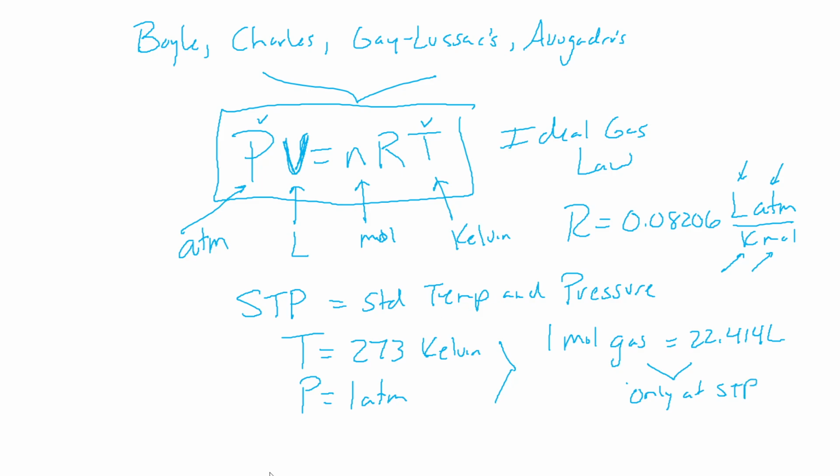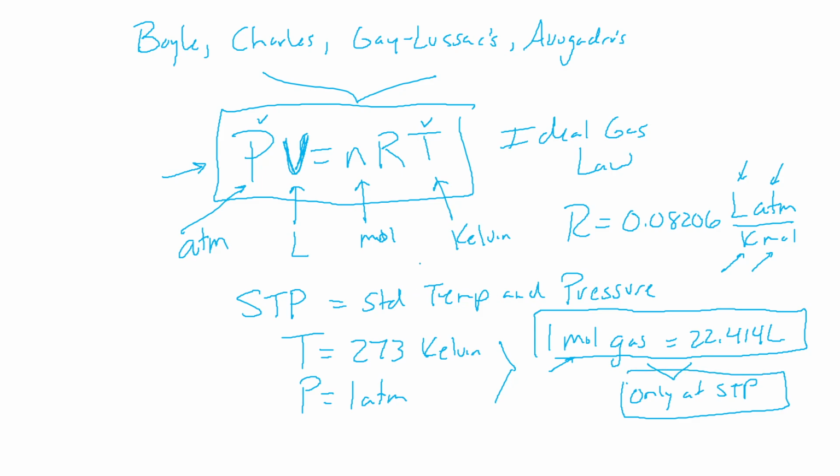So that's a conversion factor that you can use at STP, and you can avoid using the ideal gas law. You could always use the ideal gas law regardless and avoid this conversion, but this conversion, I'll box it, should only be used at STP, never ever outside of that.